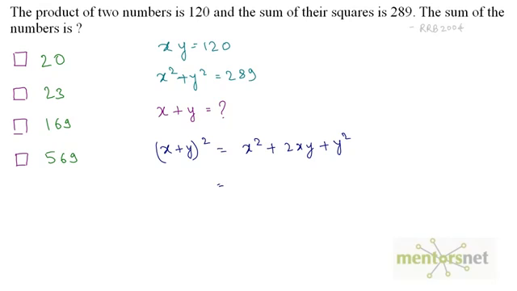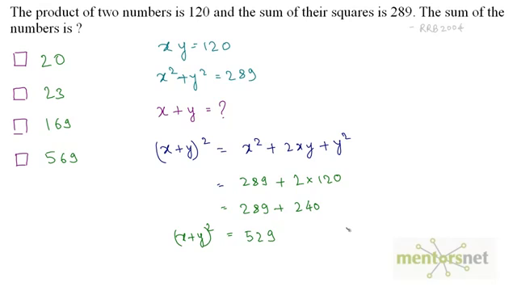It is equal to 289 plus 2 times 120, which is 240, and that is equal to 529. So x plus y whole square is equal to 529, but that's not what we want.